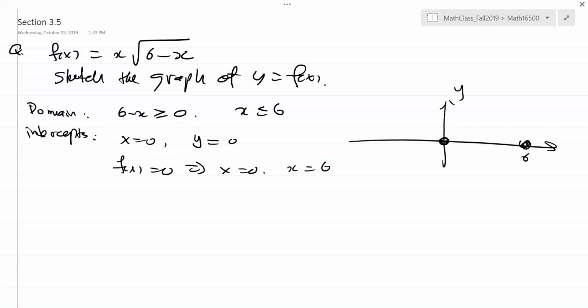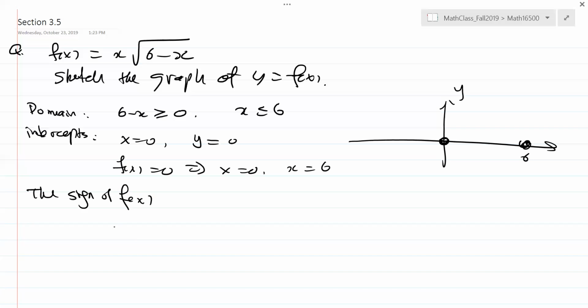Then I have to decide whether the graph is above the axis or below the axis. So you have to quickly make a decision, and look at the function. The square root of 6 minus x will never be negative, so the sign of the function is completely determined by the sign of x.